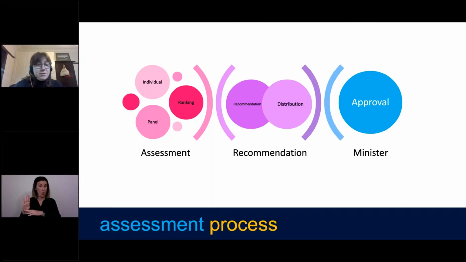From this, the individual assessors all read through the application. They then all meet together and have a very rigorous discussion about the applications and then recommend the ones for funding to the Minister for the Arts, who then has final approval. Next slide, please.